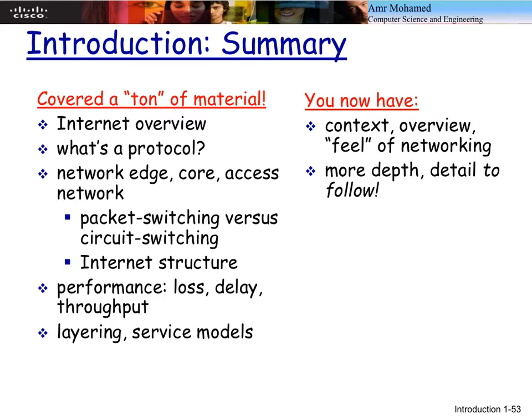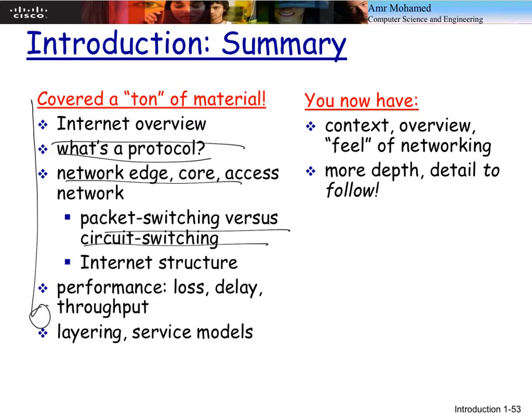So in summary, we have discussed these issues. We have discussed the internet overview, what a protocol is, the network edge, access, core network, and so on. We discussed packet switching, circuit switching, the internet architecture, the performance metrics, and the layer service.